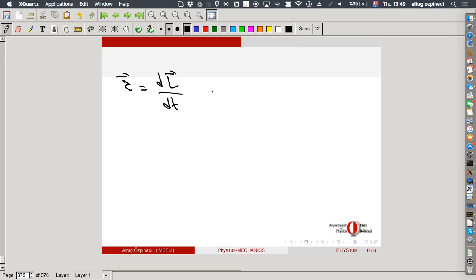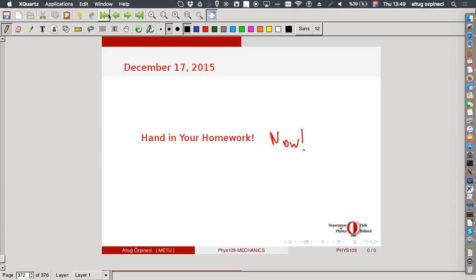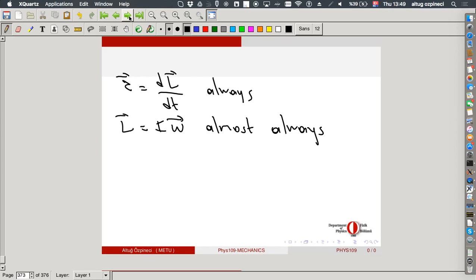What is not always true is that L is equal to I omega. This is not always true, and we even discussed one case in which it is not actually true.